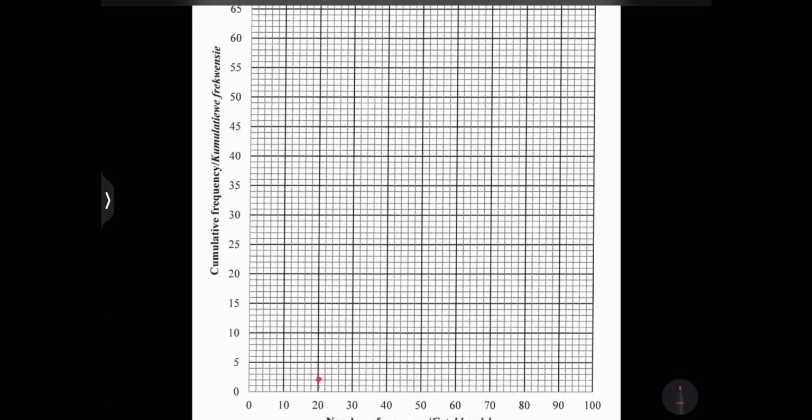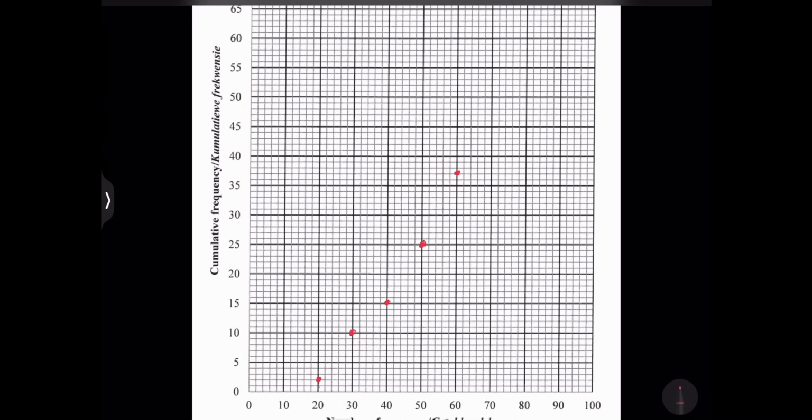And then we said at 30, we've got 10. At 40, we've got 15. At 50, we've got 25. At 60, we've got 37, so at 60, we've got 35, 36, 37.